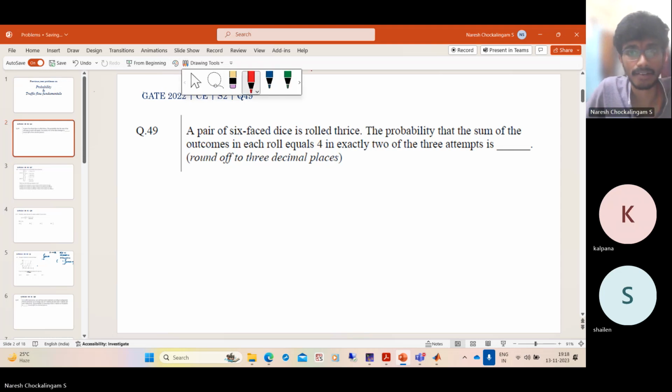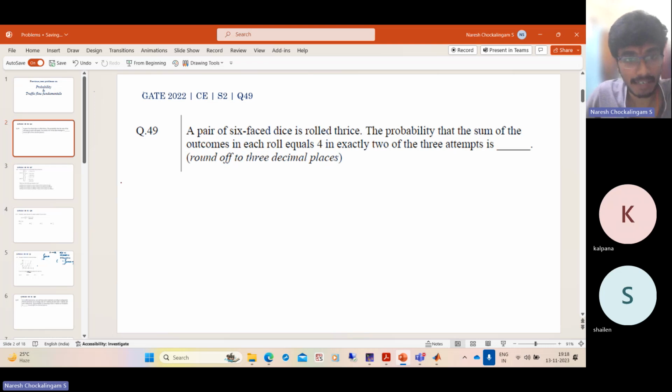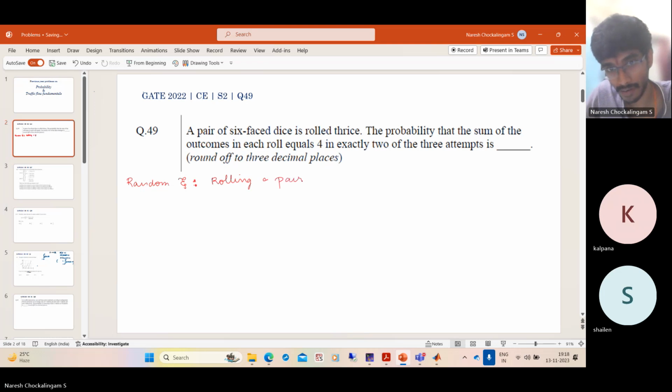So what is the random experiment? It's always a good idea in the beginning to define the event, define the experiment. The experiment is rolling a pair of dice.